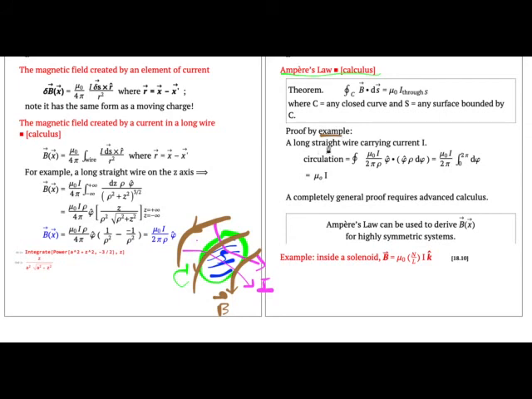Let's suppose we have a long, straight wire carrying current I. Here's the loop, and here is the wire carrying current I. Well, there's a magnetic field that curls around the wire, so I can add the contribution of the magnetic field around the loop.